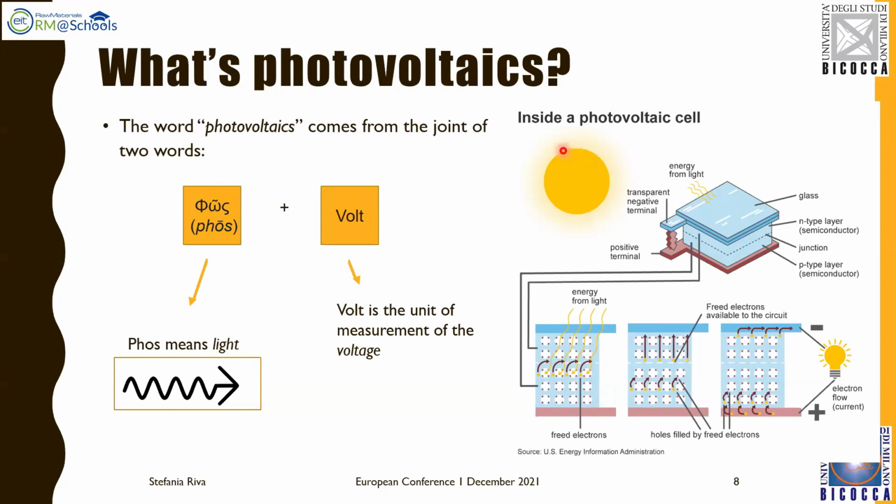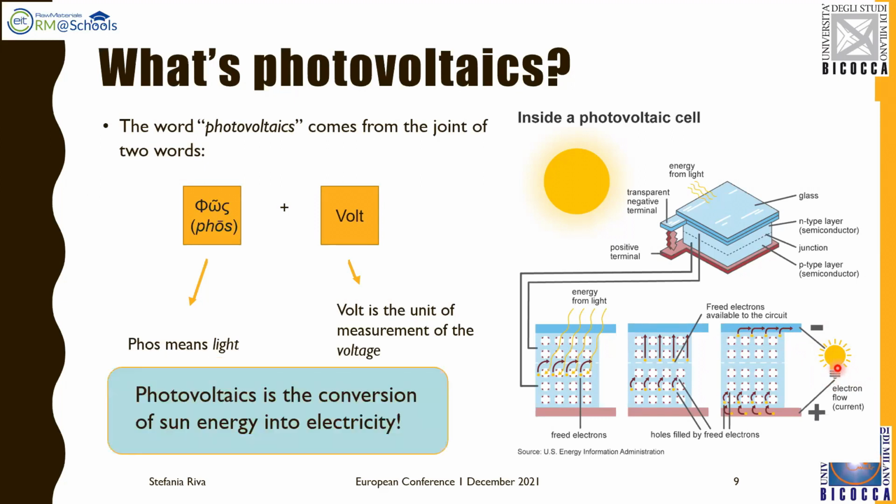In this scheme, you can see the sun that shines on the solar cell, and there is some movement of charges inside the material, but at the end, the charges are collected, and they can switch on a lamp. So it's important that you remember that photovoltaics is the conversion of the sun's energy into electricity.